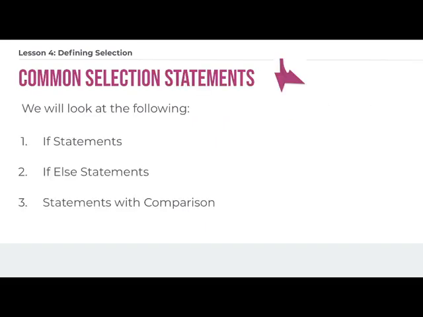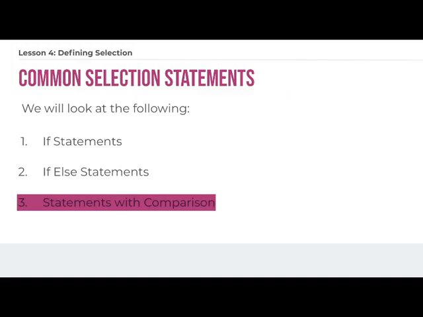Some common selection statements, the way that you might see them in programming: you might see if statements, you might see if-else statements, or you might see either one of those types of statements combined with comparison. And we'll talk in detail about each of these three.